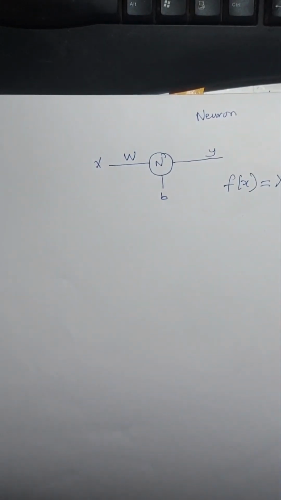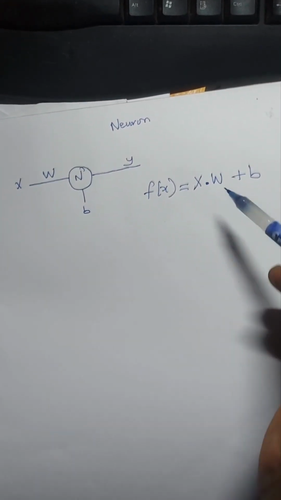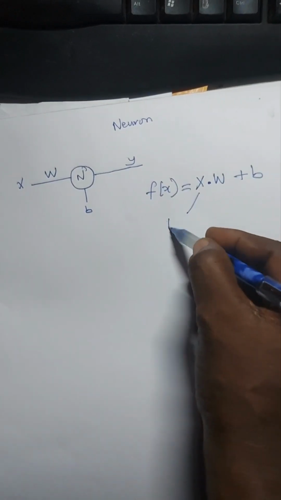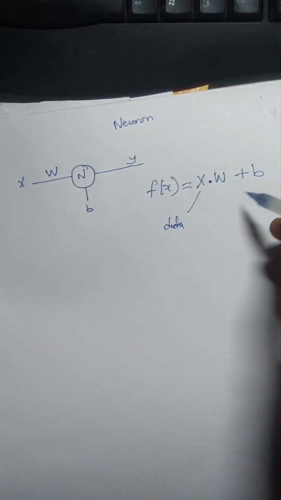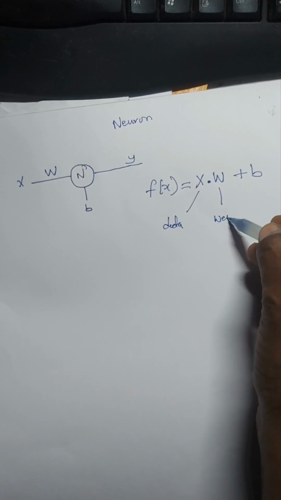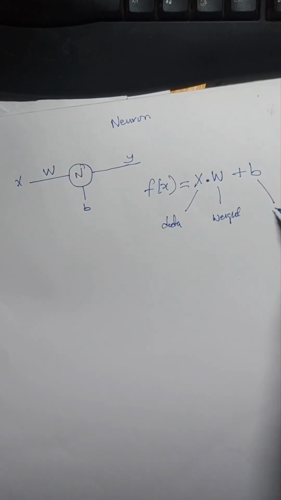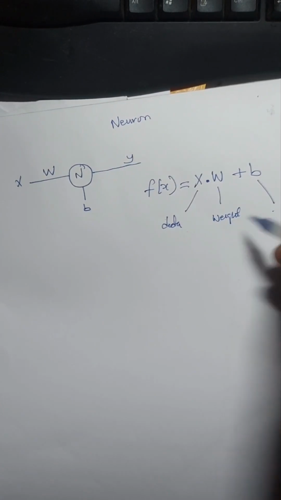This is the mathematical function of a neural network, where W is the weight, X is the data, and B is also a randomly generated value, just like the weight. So we call that the bias.